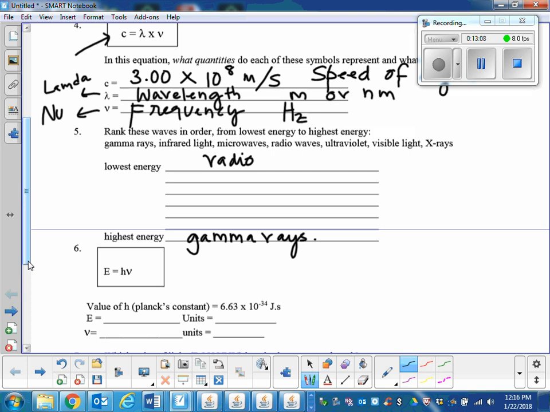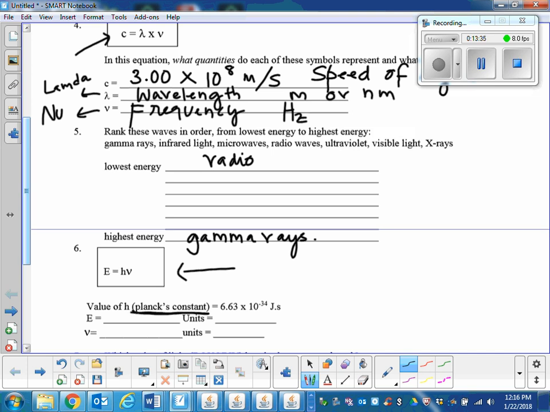What did we say will happen to the energy if the frequency increases? It will increase. They are related by the equation E equals h nu. How are energy and frequency related? By the equation E equals h times nu, where h stands for Planck's constant.